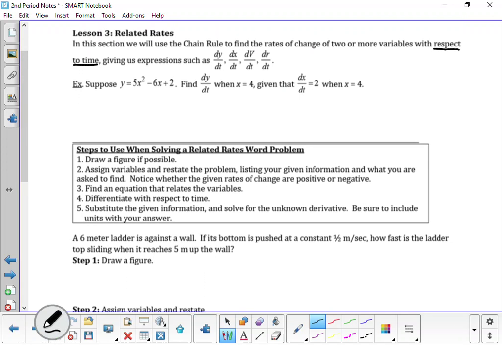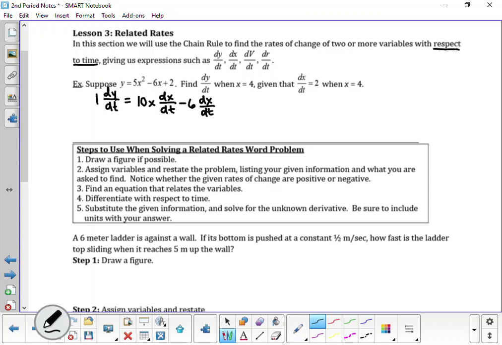But since we're taking the derivative with respect to time now, it would be 1 dy/dt, so it's all with respect to time, equals 10x dx/dt, not dx/dx, minus 6 dx/dt, and then plus 0, right?